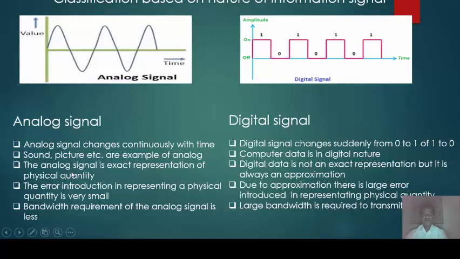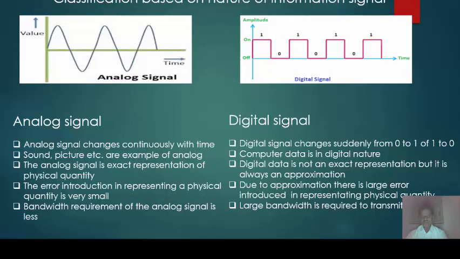Similarly, the analog signal is an exact representation of the physical quantity, represented with the help of such continuous signals. But the digital signal is an approximate signal, always an approximation of the physical quantity.